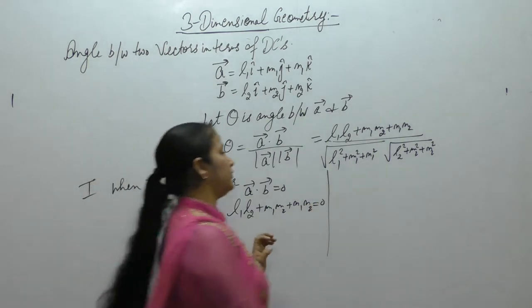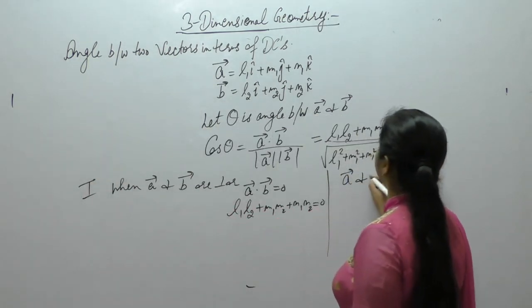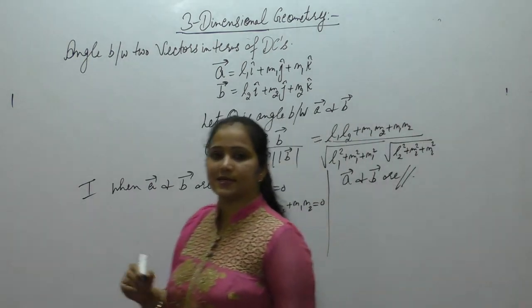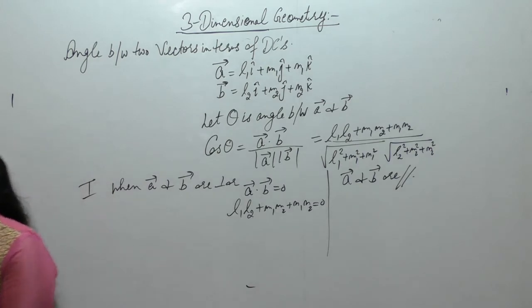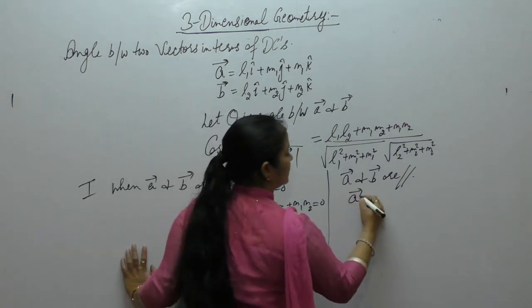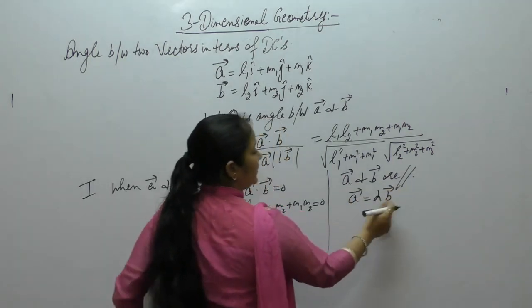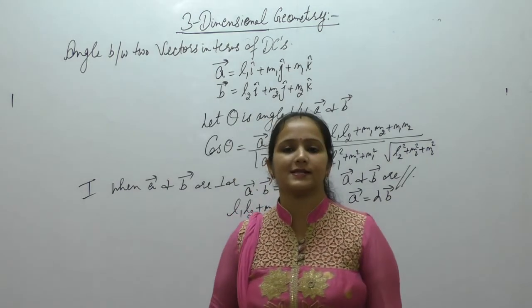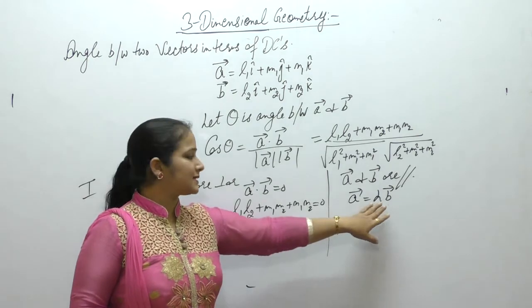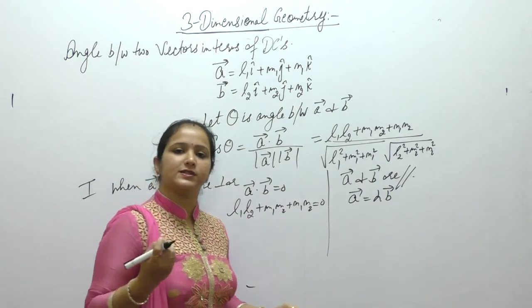Now if these two vectors, A vector and B vector, are parallel, then what is the condition? Then A vector is equal to a constant times B vector. Two vectors are parallel if they have the same position vectors apart from the constant term. The only difference is the constant.